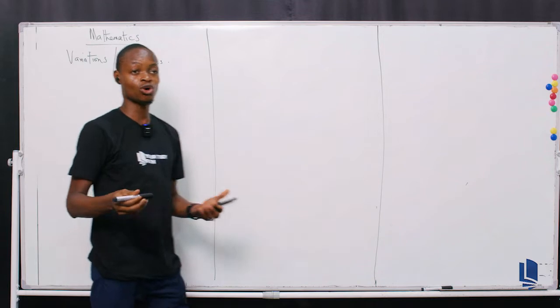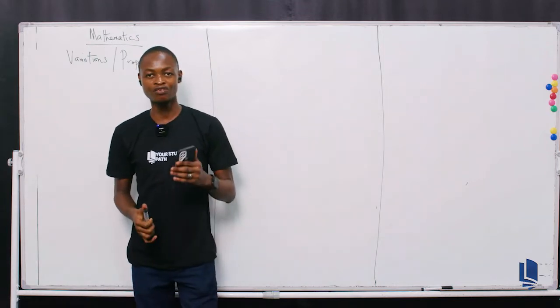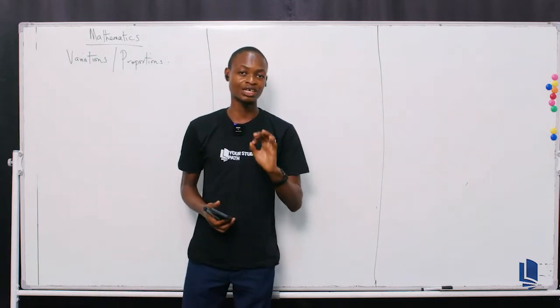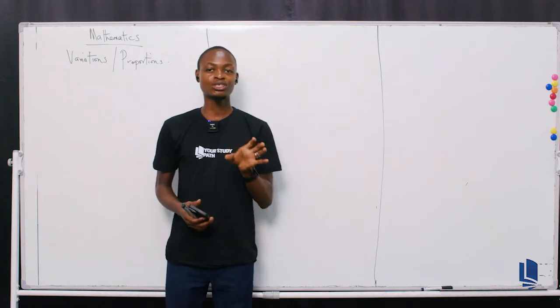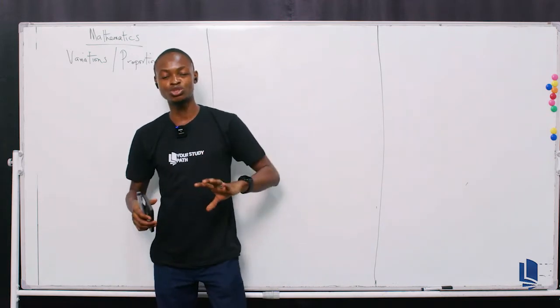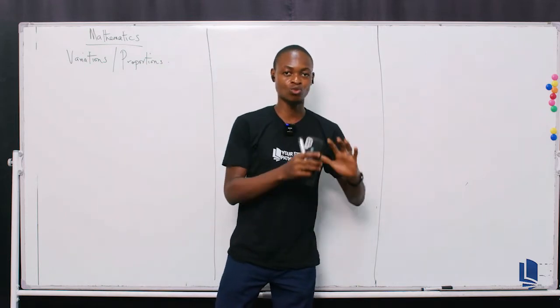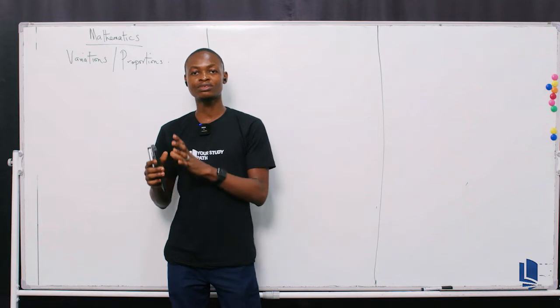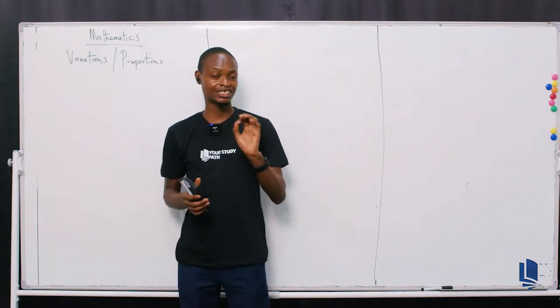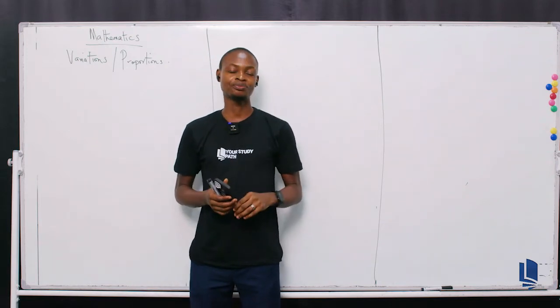Whatever name you decide to call it is fine. However, what remains very important and paramount is that you must understand it's a relationship between one concept, term, or variable with another concept, term, or variable. And that's a very key factor.